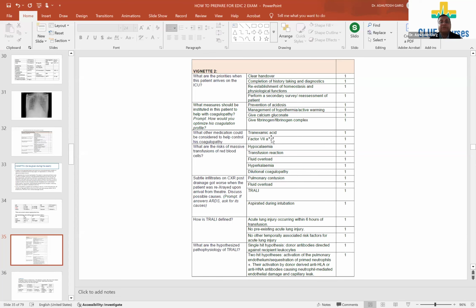Then what other medications could be considered to help control coagulopathy, like tranexamic acid, factor 7A? What are the risks of massive transfusion of RBC? So hypocalcemia may be there, transfusion reaction, fluid overload, hyperkalemia, dilutional coagulopathy, DIC. So these are the things you expect. So this type of vignette will move.